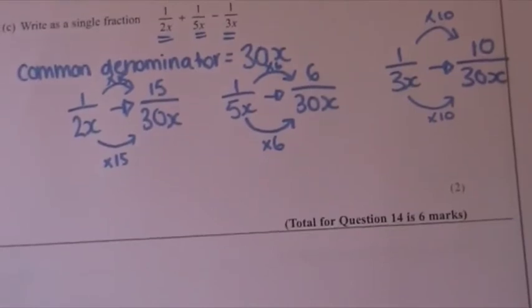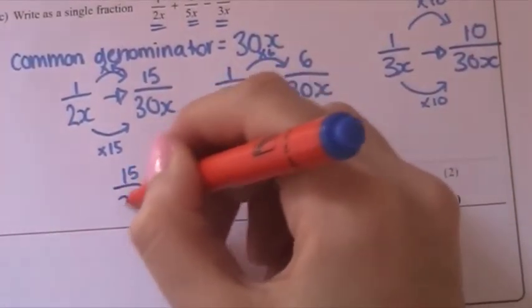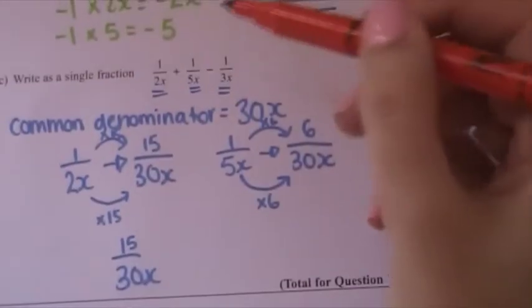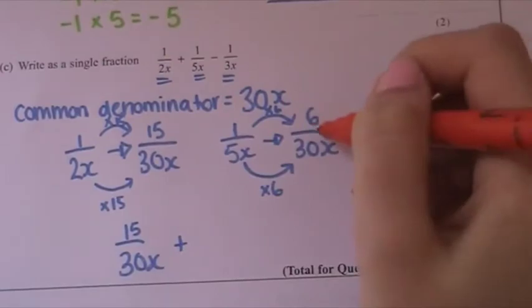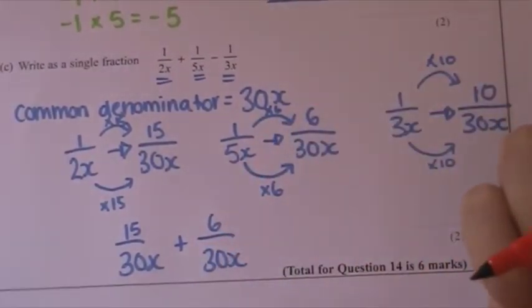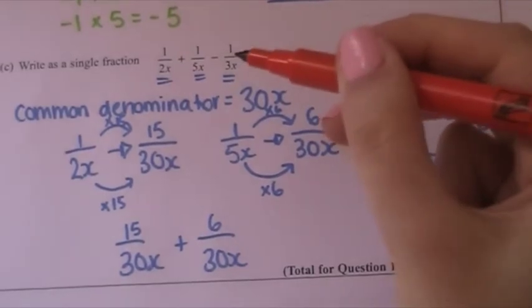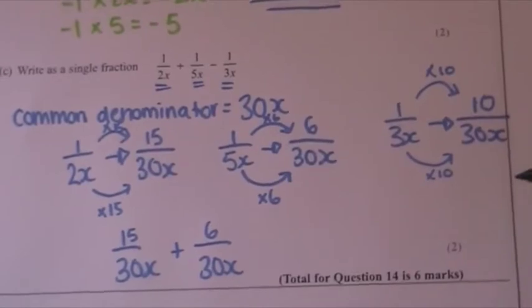Now, if we were pulling all of this together, we'll have 15 over 30x. Then we look at the question. We need to add our converted 1 over 5x, which is 6 over 30x. Then minus 1 over 3x, which we have converted to 10 over 30x because we need our common denominator.